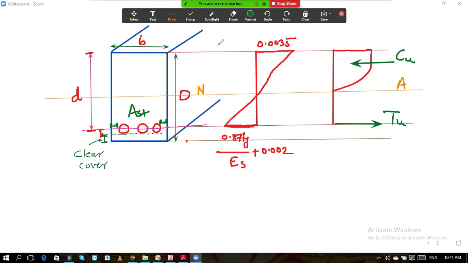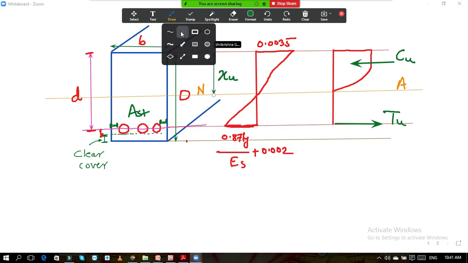Now if you see XU, that is the depth of the neutral axis from the top. This is XU, the distance from the top up to the neutral axis.